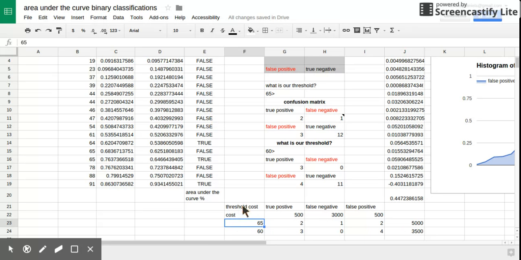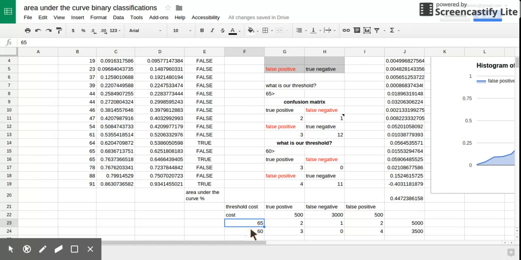Now, if I set the threshold to 60, then I have more true positives, which are annoying, but I have no false negatives, which is reassuring. I also have 4 false positives, which means I might be doing extra work, but the extra work, when it's calculated against the true cost of this threshold, is 1,500 units or $1,500 less than a threshold of 65.